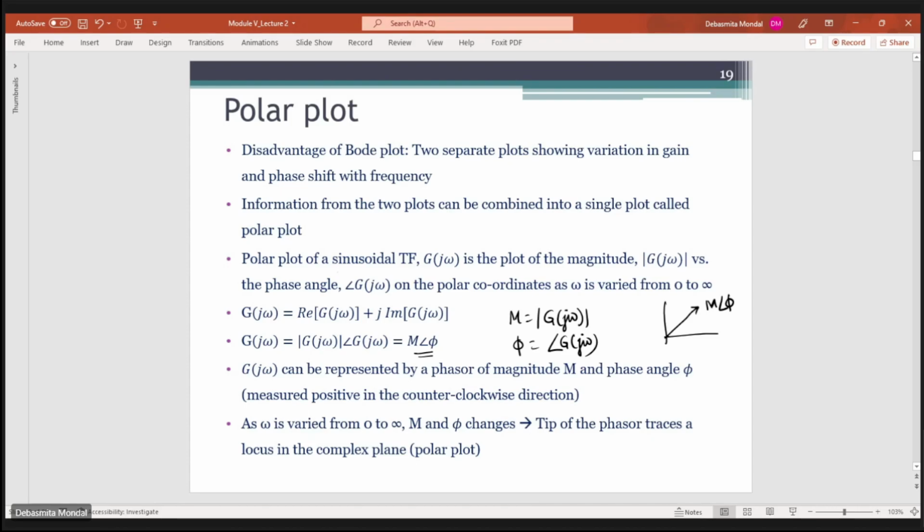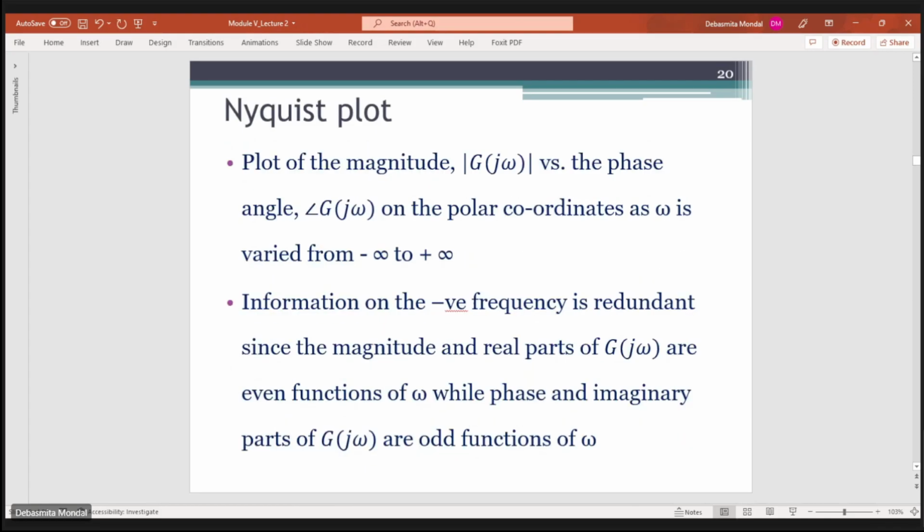Depending on the value of omega, this phasor will trace a path. The tip of the phasor traces a locus in the complex plane, and that locus is known as the polar plot. Then the next thing that we have is what is known as a Nyquist plot.